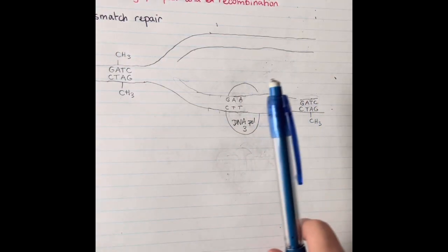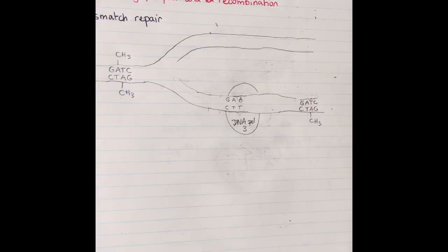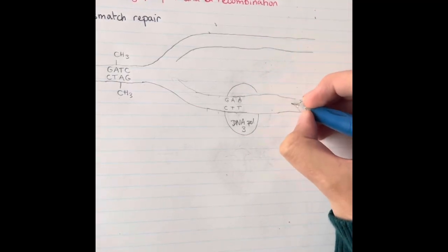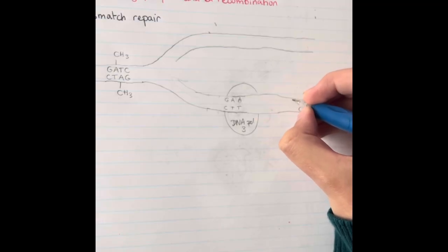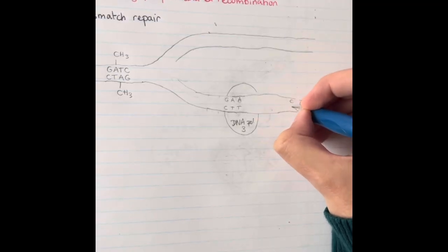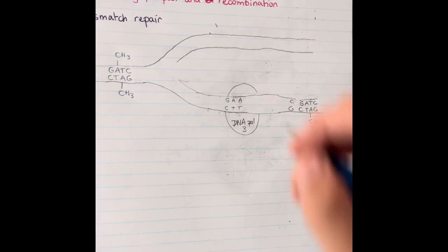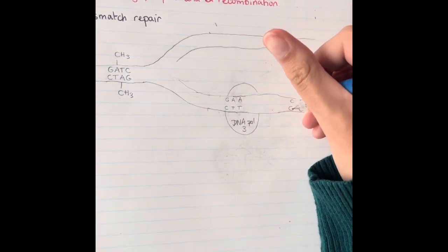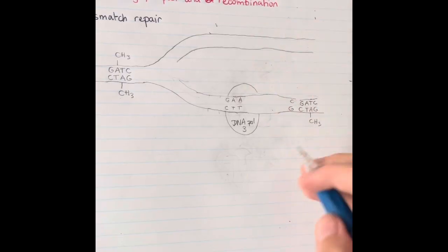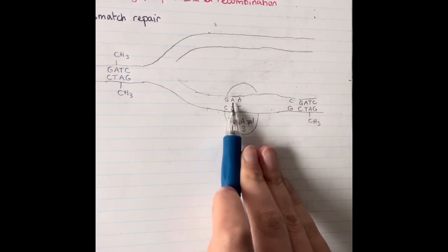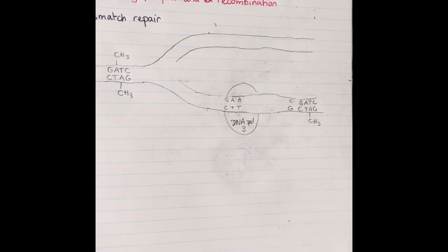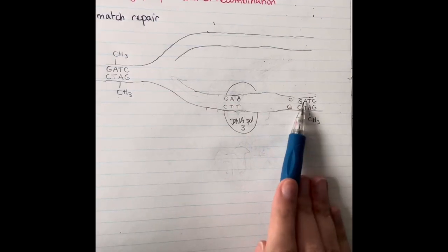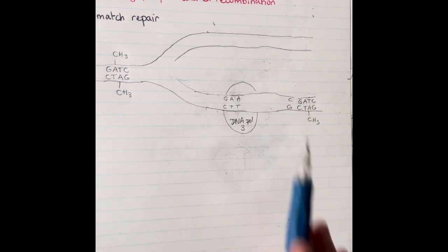Oh, and of course, as it continues the rest of the strand, let's say we have a C and a G. Well, these two are going to be bound together, right? Because the DNA polymerase is only replicating the top one. But this one and this one are not going to be linked.